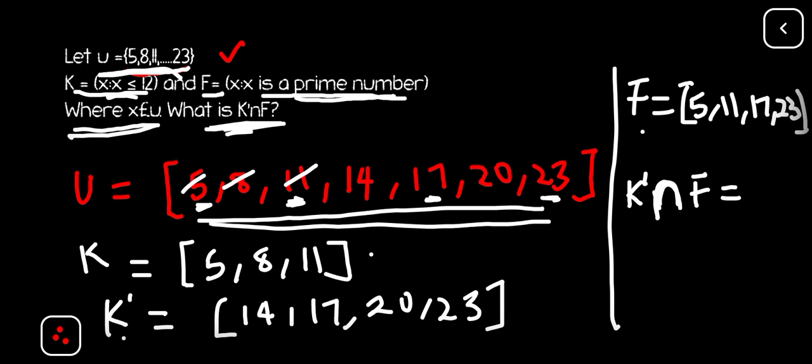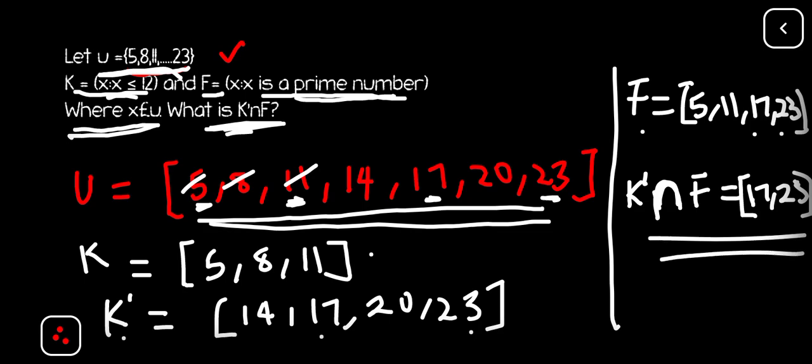I noticed first 17 is in both of them, then 23 is in both of them. So rightfully, we can just say that the common element is 17 and 23. That is the answer to this question: 17 and 23. That's all.